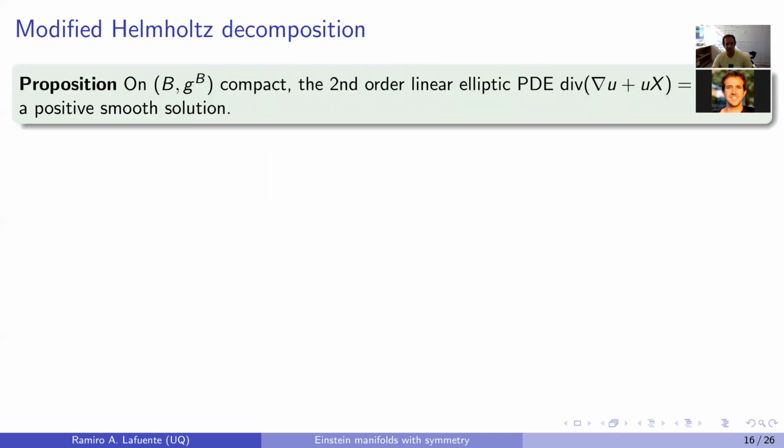But we are going to need a modified version of this decomposition, which holds thanks to the following proposition. On a compact manifold, the second order linear elliptic PDE, divergence of gradient u plus u X, for any vector field X on the manifold, admits a unique up to scaling positive smooth solution. Positive, I mean, u is positive everywhere.